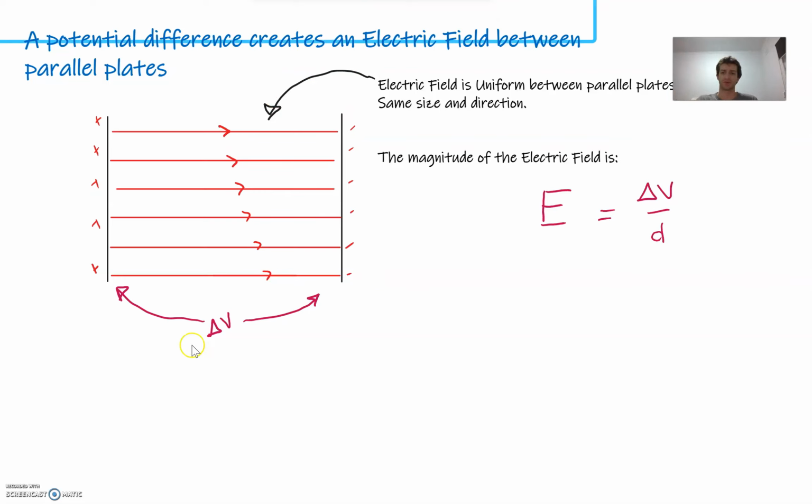So we just need to know what the potential difference is, and we also need to know the distance between the plates. So this distance here, all the way across, d, we'll need to know that to calculate the electric field strength.